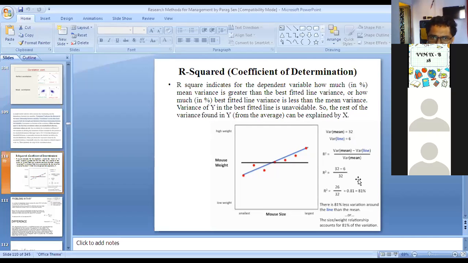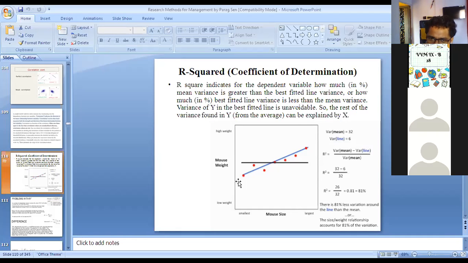So these two lines are very important. You can understand that variance of y in the best fitted line is unavoidable. The rest of the variance found in y from the average can be explained by x. So what I am trying to say is, this line based on the mean has got some variance, it has got the common variance as well as uncommon variance.